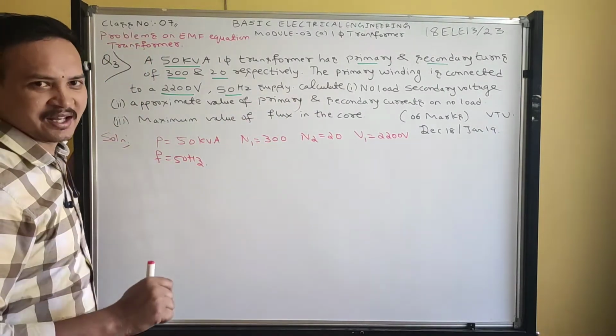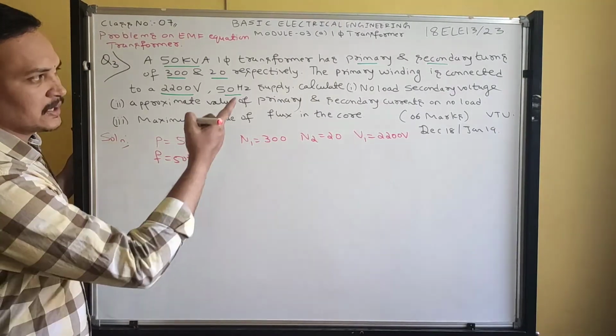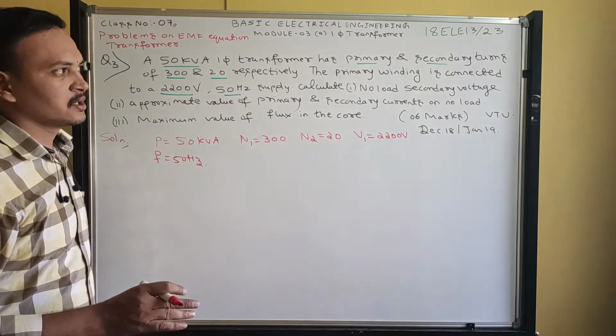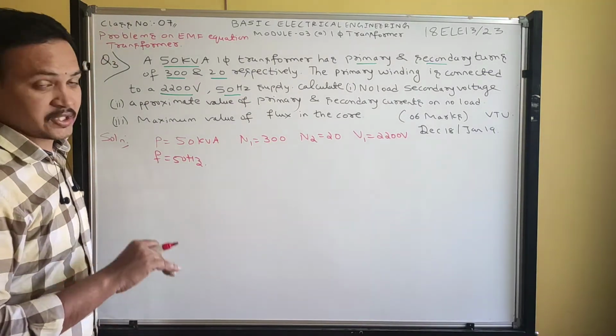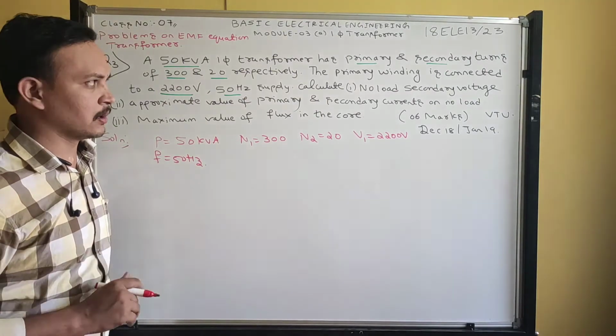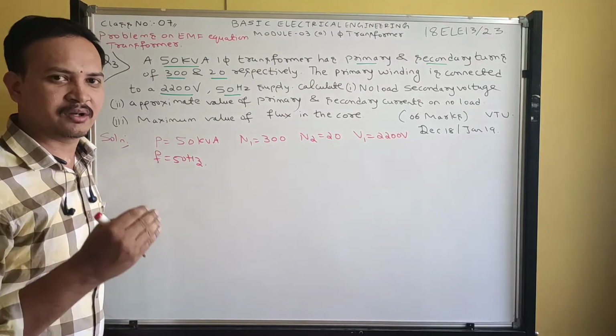No load secondary voltage. So see, simply they will give the word no load or full load. You need not worry regarding that, because in the EMF equation problems of a transformer, you write E1 is equal to V1 and E2 is equal to V2.